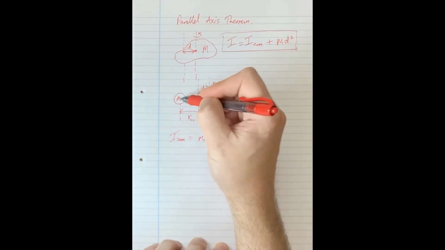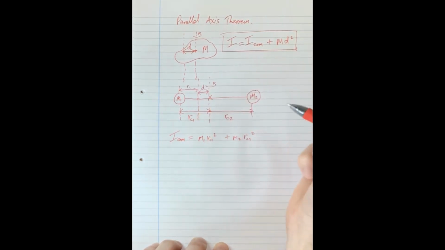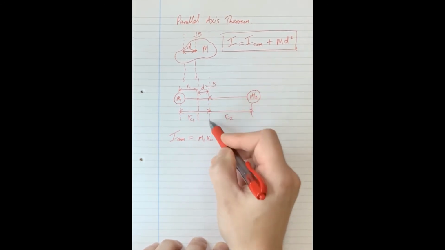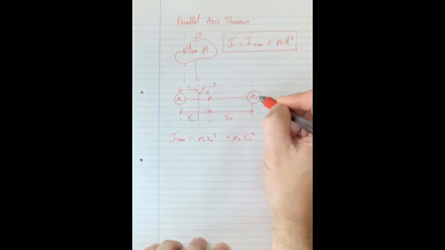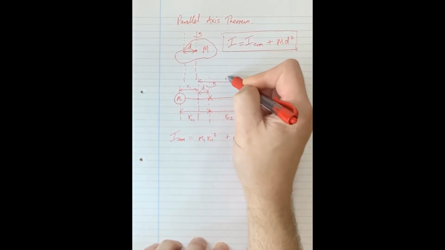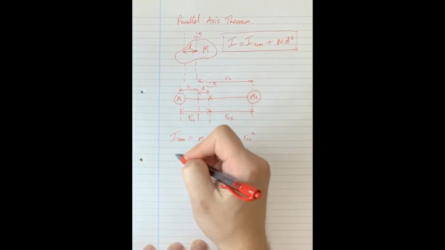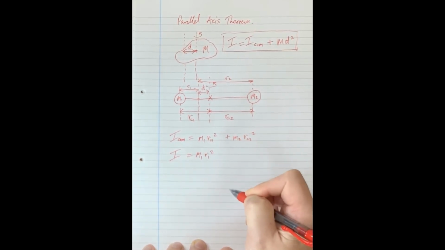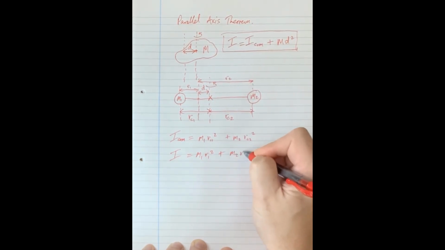Now at this point mass 1 will be a distance R1 away. Notice R1 is any value, RC1 is the distance to the center of mass, and likewise M2 is now going to be a distance R2 from the center. So if I'm going to work out the moment of inertia now, I would just do mass 1 times R1 squared, that's how far away it is from the axis of rotation, plus M2 R2 squared.